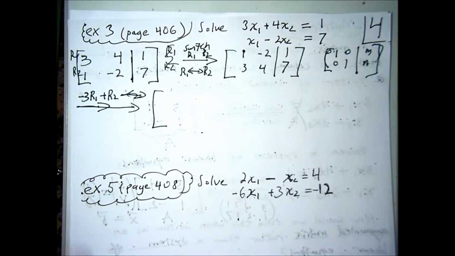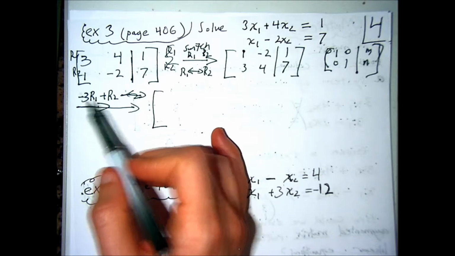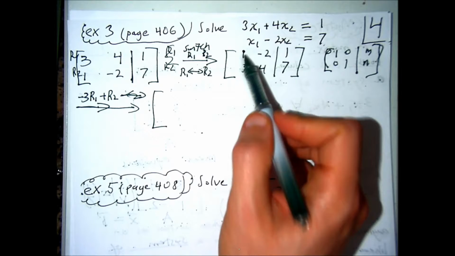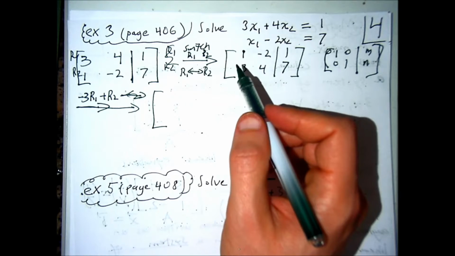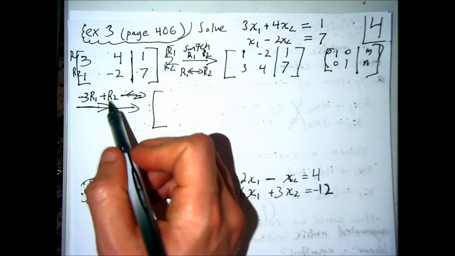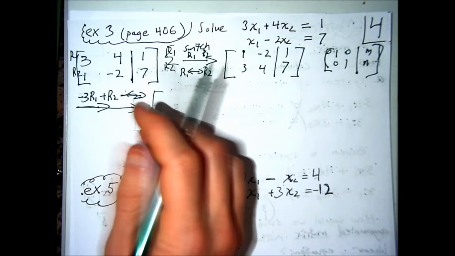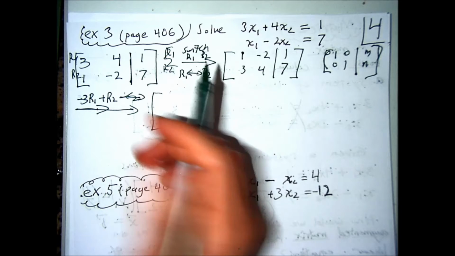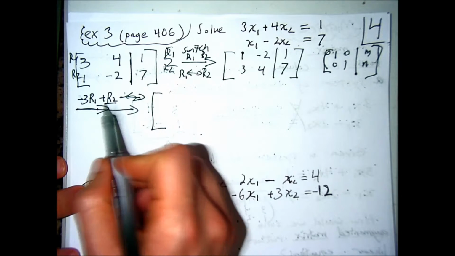This can get a little confusing. It says I multiplied row 1 by negative 3. So should this not be a negative 3? And the answer is no. The affected row is the second one. And I'm glad that this book does it like this. The affected row is the second row that you write.